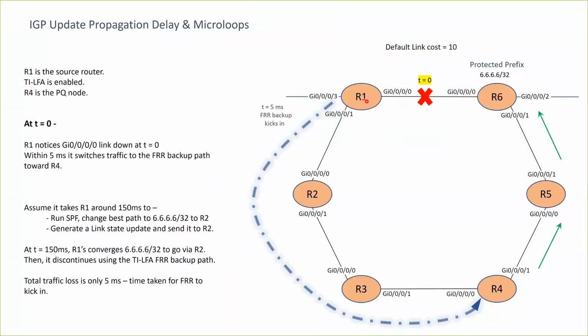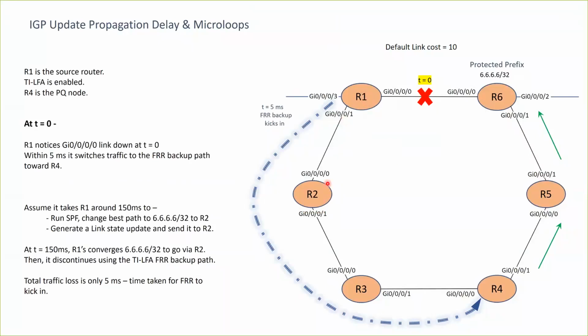That doesn't stop. It's a normal IGP wave, right? So R1 would have taken, say, 150 milliseconds to converge and figure out that R2 is my best path. As soon as it figures that, it will stop using FRR, because I have a new primary path. I didn't have a primary path, so I used FRR. Now I have my primary path again. Stop using FRR. Continue on my primary path, right? And that takes 150 milliseconds, assume in this case.